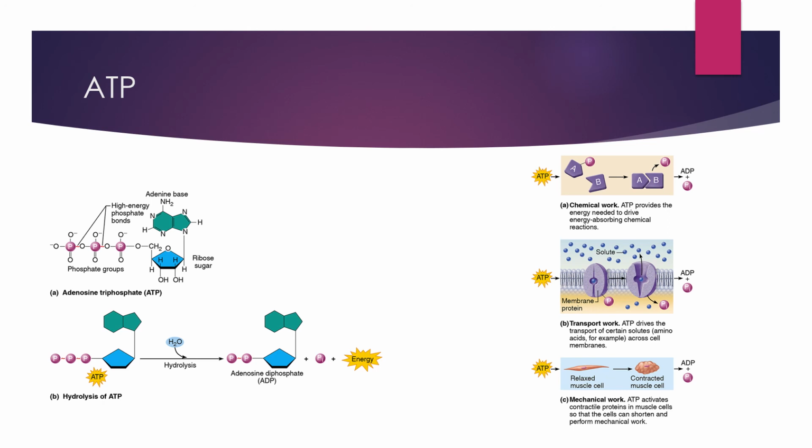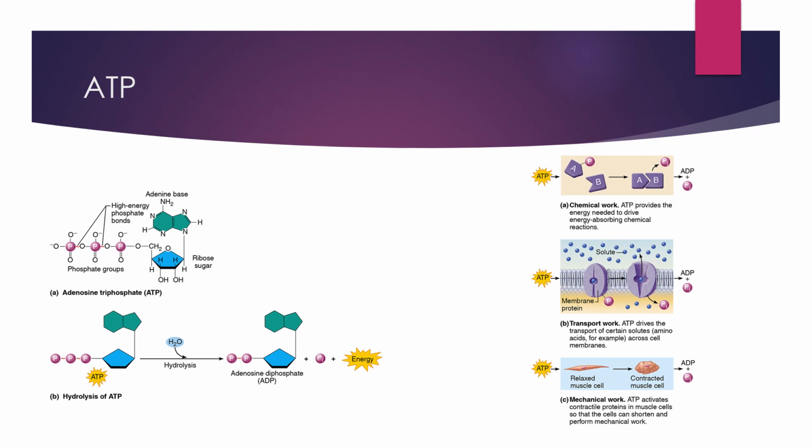So in the first one, we have chemical work. ATP provides the energy needed to drive energy absorbing chemical reactions. So you have ATP, it sees A with a phosphate group, B becomes A, B, and kicks that phosphate group off and becomes ADP.